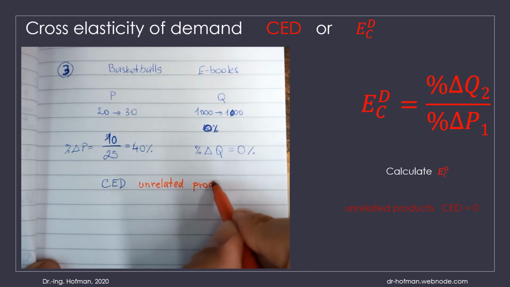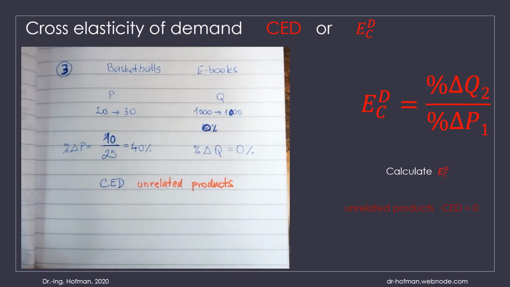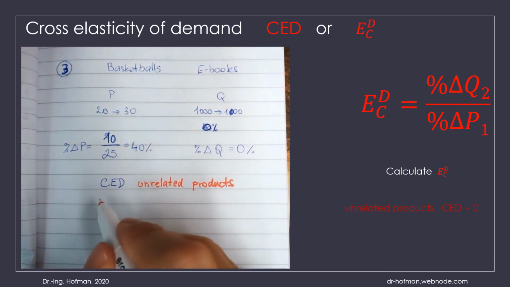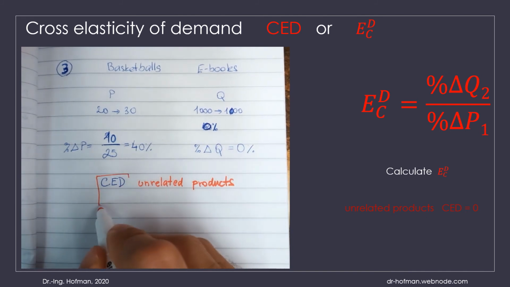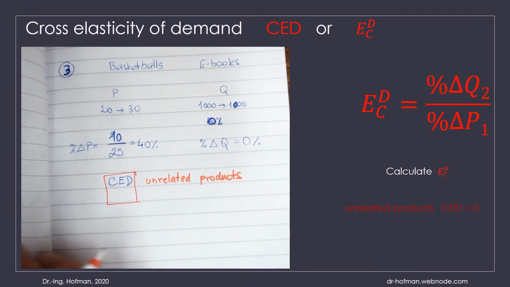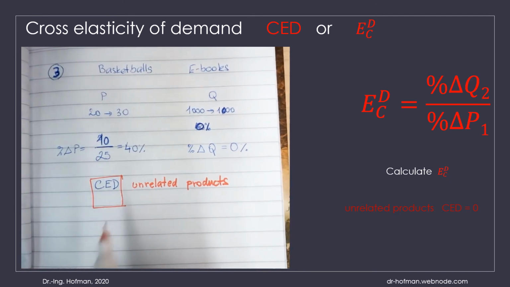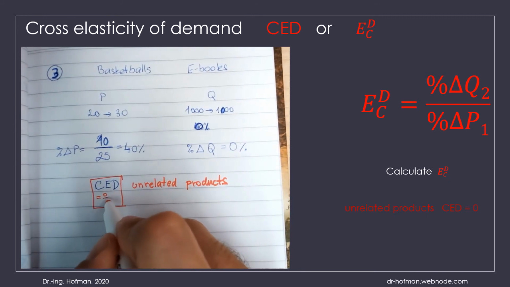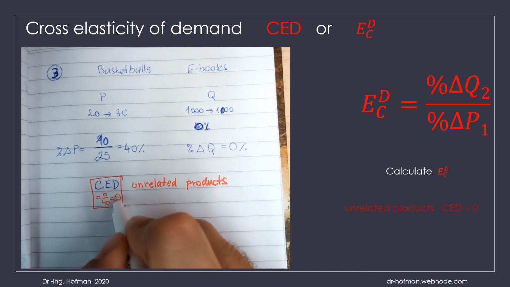If they're complements, you would have a negative cross elasticity of demand. And if they're substitutes, you would have a positive one. Because the CED is 0 over 40, which is 0.